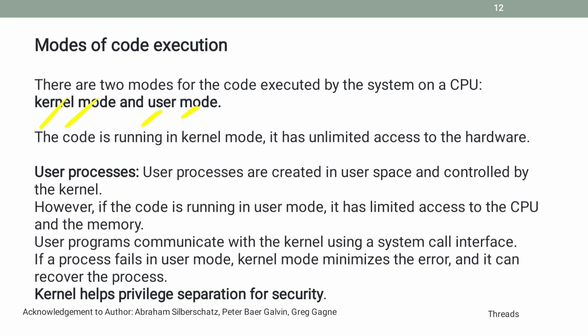So in user mode, the user cannot execute operating system related instructions. Then an error occurs. Kernel helps privilege separation for security. So it protects the operating system from the user. The user cannot illegally execute operating system related instructions in user mode.